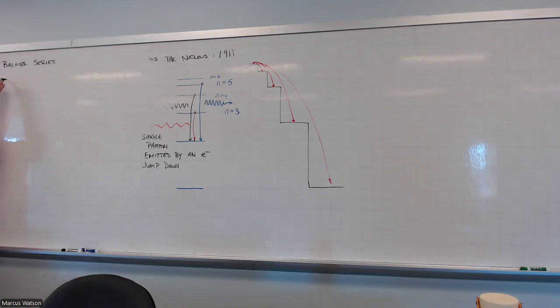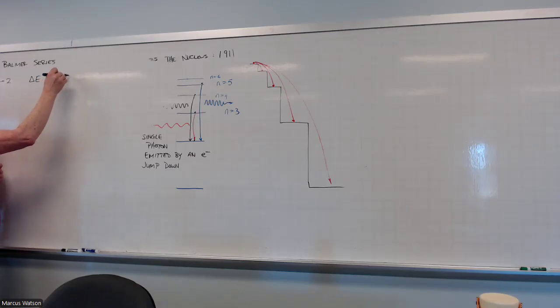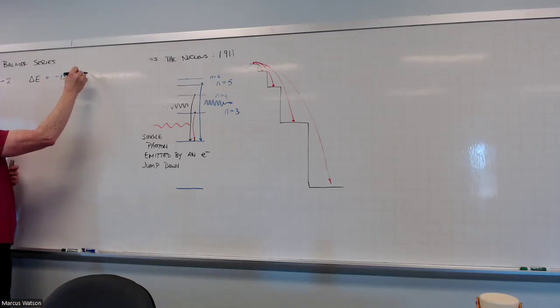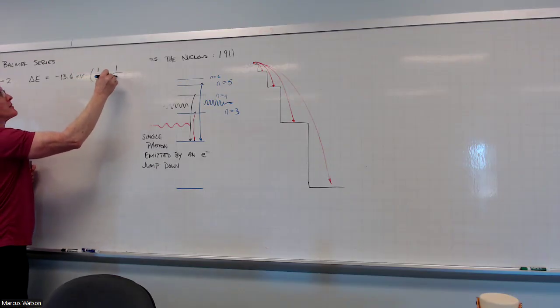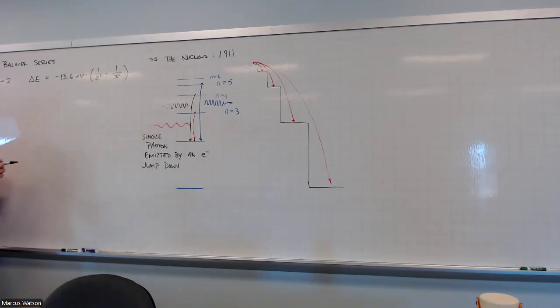All right, if we take the 3 to 2 transition, it would have a delta E of minus 13.6 eV times 1 over 2 squared minus 1 over 3 squared. This gives you a particular number, which you then put into delta E equaling hc over lambda. Well, really it's negative of that.